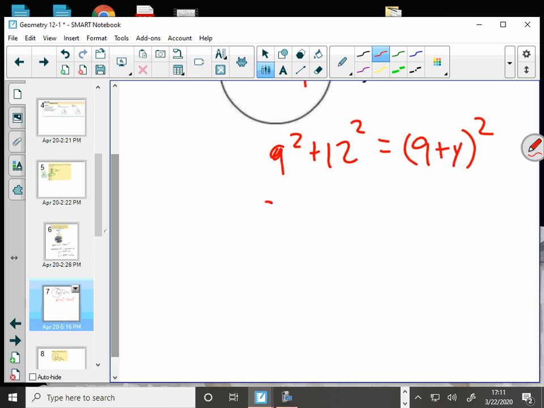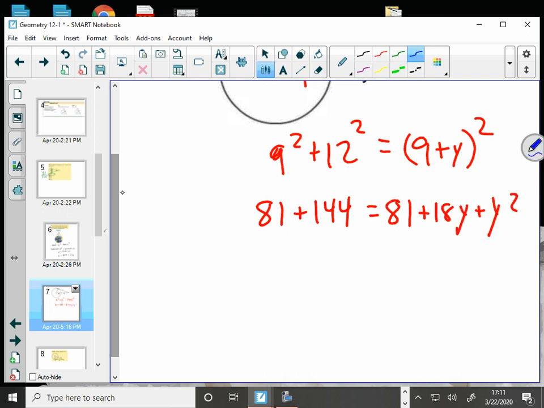That would be 81 plus 144 equals, if you foil this, 81 plus 18y plus y squared. If I subtract 81 from both sides, that goes away, and I have y squared plus 18y minus 144 equals 0.